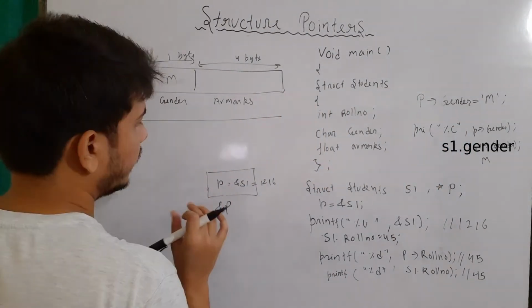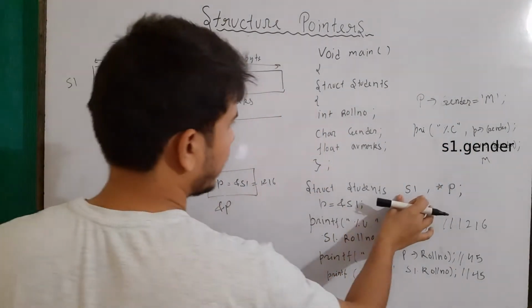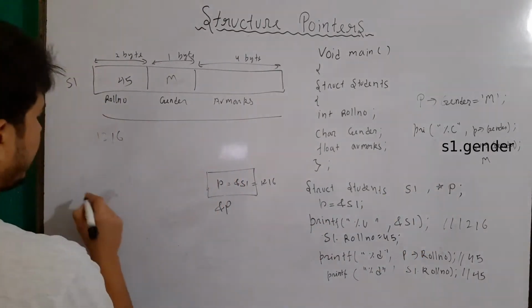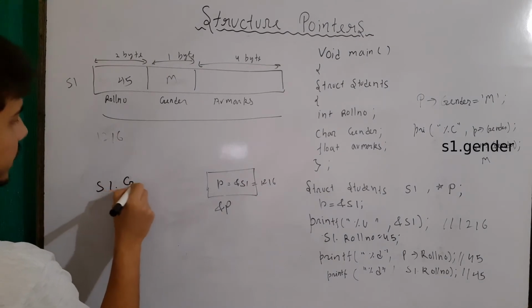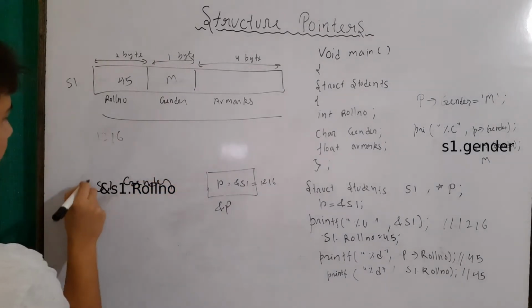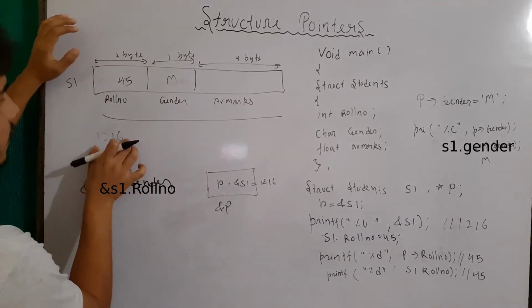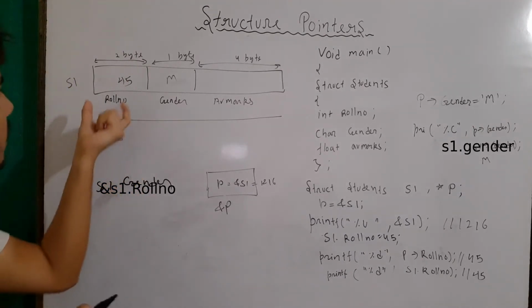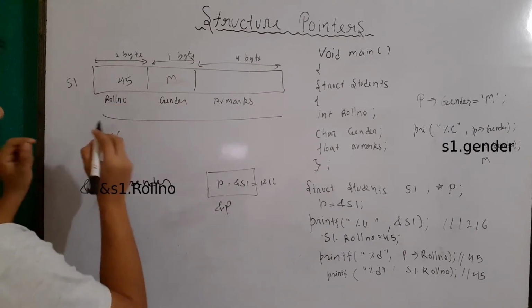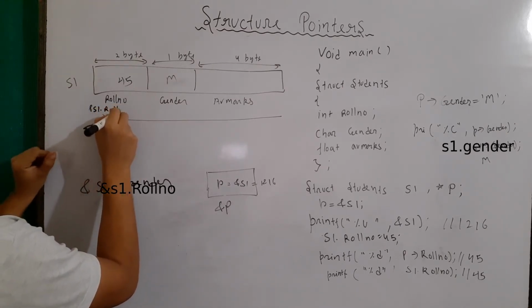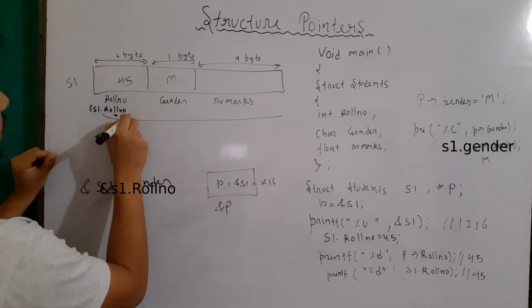Note that the addresses pointed to by our S1 variable can now also be pointed to by our p variable. For example, if I write &S1.gender, it will give us an output of 1216. The base address of our first element will also be 1216. So if I write &S1.roll number, it will also give output as 1216.